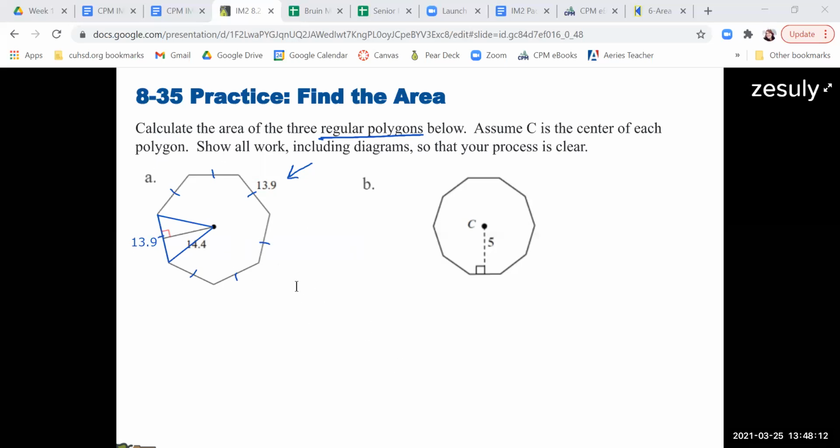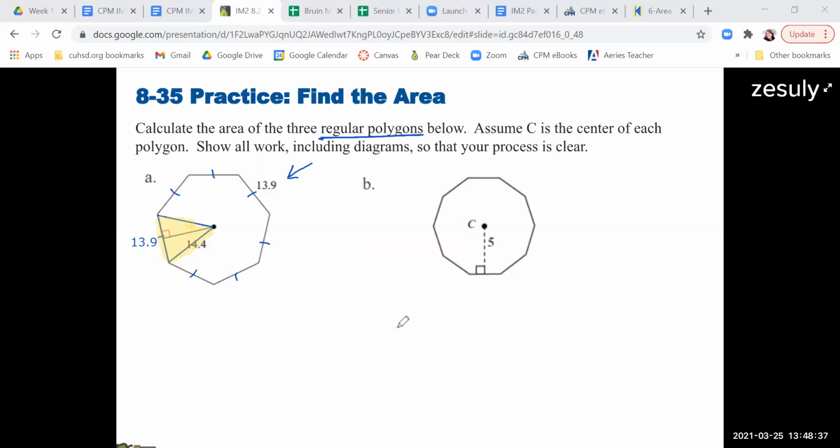And here's what's awesome. That means we have everything we need to find the area of this triangle already. To find the area of this triangle, we need a base, which is 13.9, and a height that's perpendicular to it, which is 14.4.